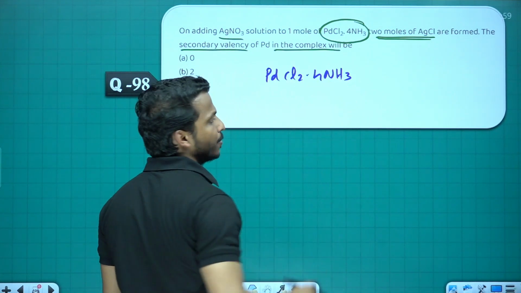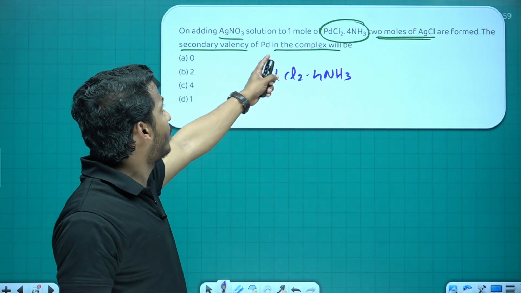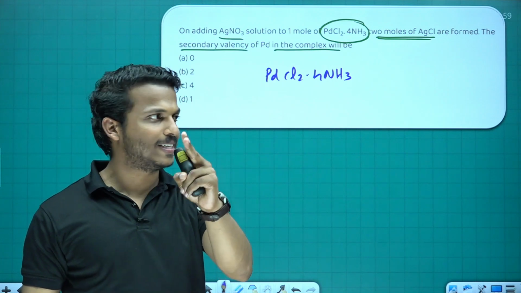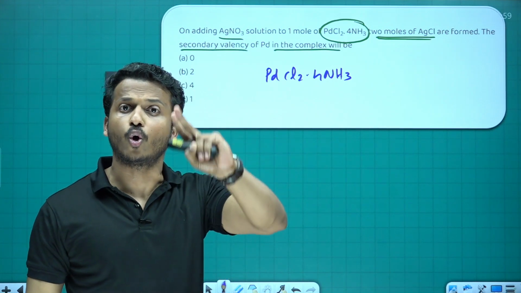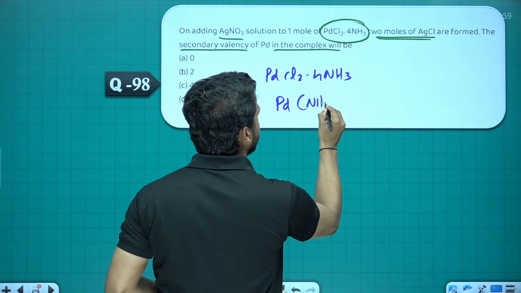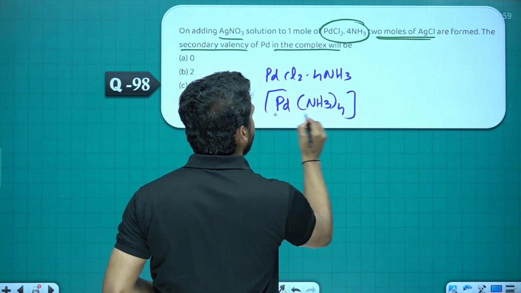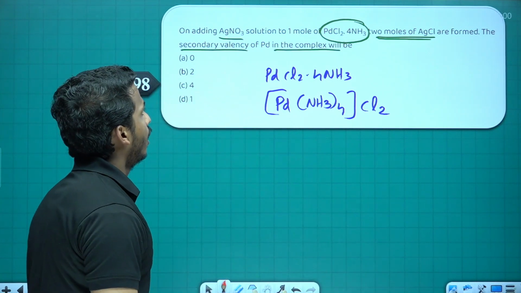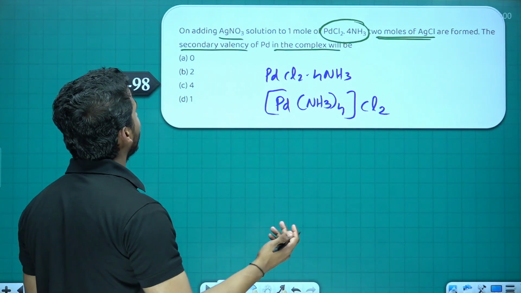What is the formula? [Pd(NH3)4]Cl2. The 2 chlorines should be outside. Correct. Finish.